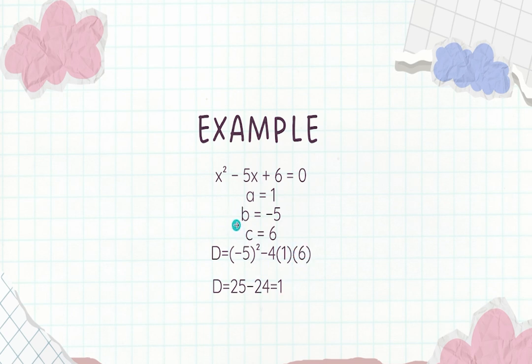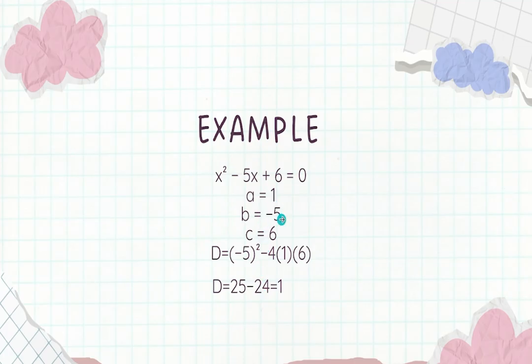Here we know that the equation for discriminant is b square minus 4ac. Here we got the values of a, b and c. As I said, the coefficient of x square is a, the coefficient of x is b, and the constant term is c. So we found the values of a, b, and c, and then we substitute this into the equation b square minus 4ac.